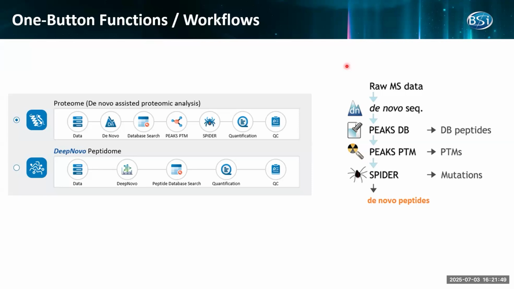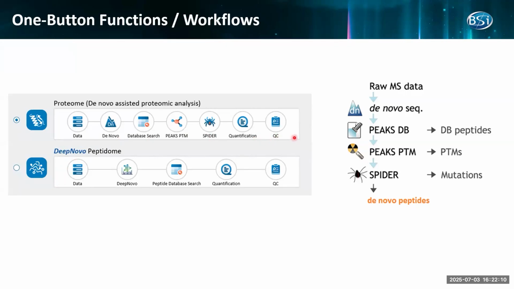This more likely gives us a hint that this peptide might be a fusion peptide, coming from either splicing of the same gene or fusion of different genes. So these are the two workflows, and based on the application you select which one.